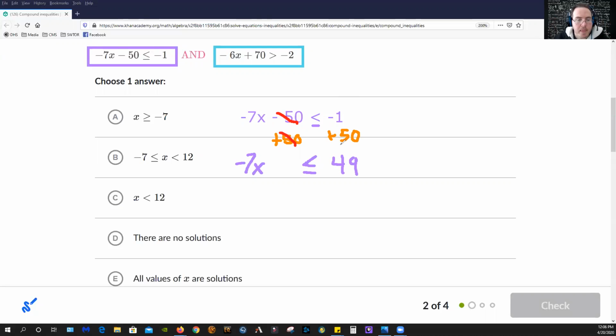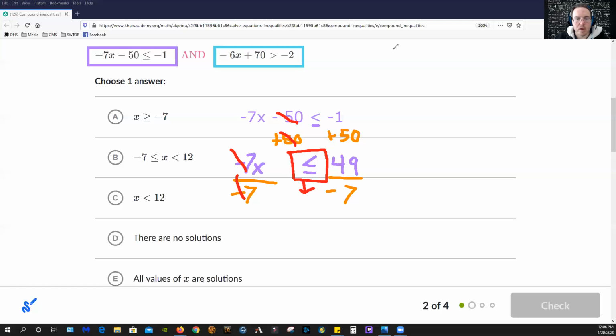Okay, now watch. I have to divide by a negative 7. Oh, there it is. Anytime during an inequality, if you divide by negatives or multiply by negatives, you must flip the symbol. So divide by negative 7 on both sides. These cancel. This is going to flip.